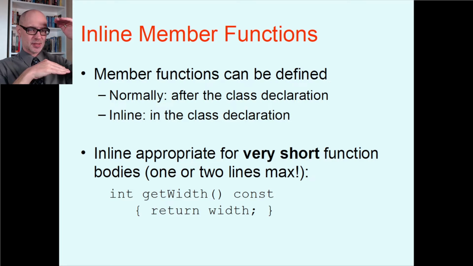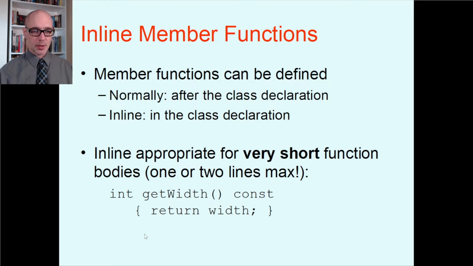Class headers are ideally only long enough that they fit on screen at one time and you can see the whole thing in a single view. So if you start inlining really, really long functions, your class declaration is going to get too long to fit on screen at one time. I would not want to do that. But if your function is only 1 or 2 lines long at most, then maybe you can just put them in the class declaration and it doesn't get too long.